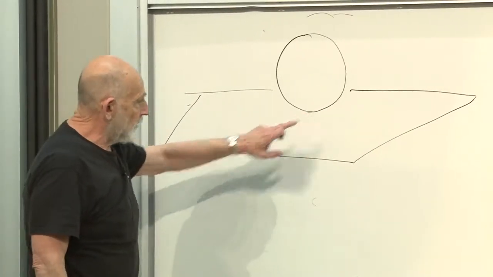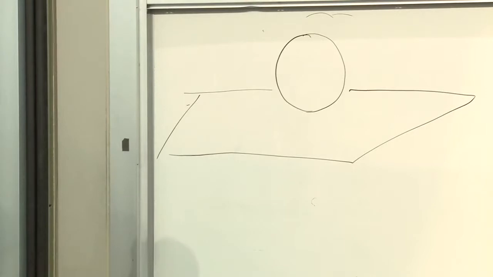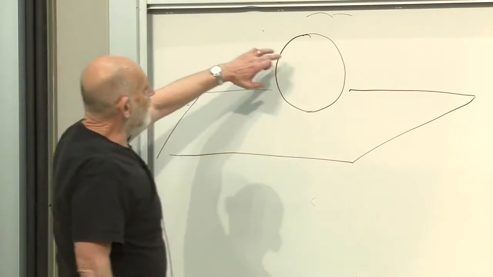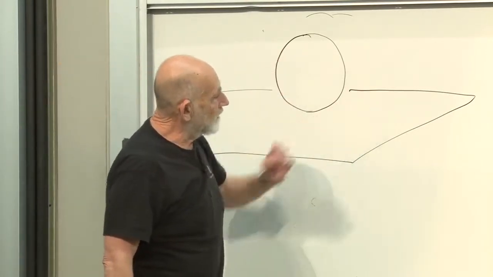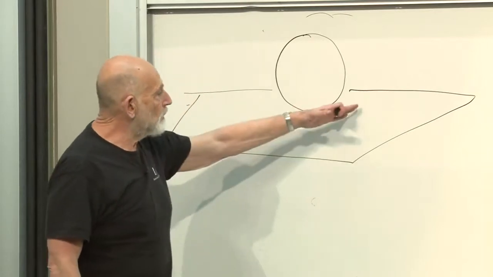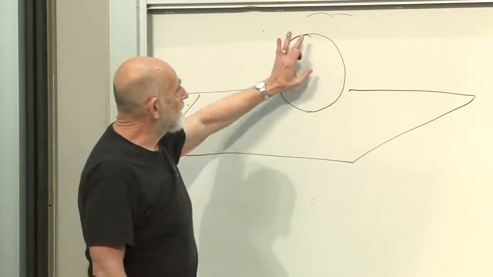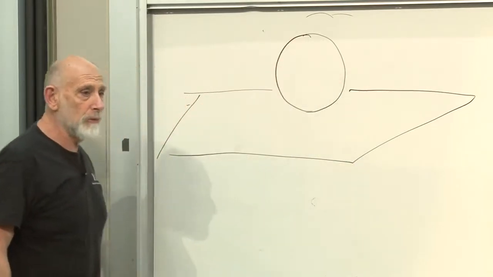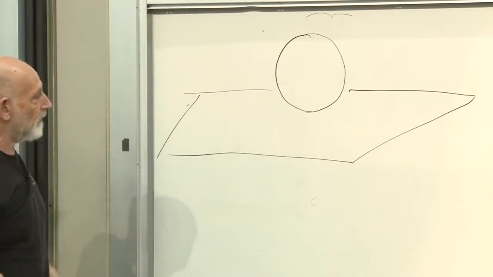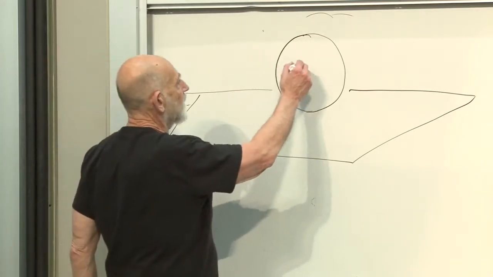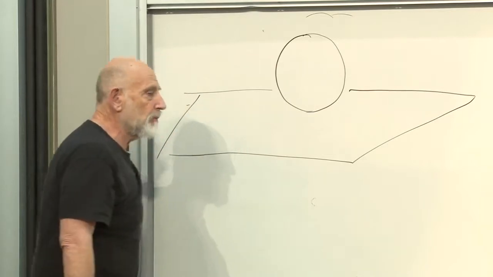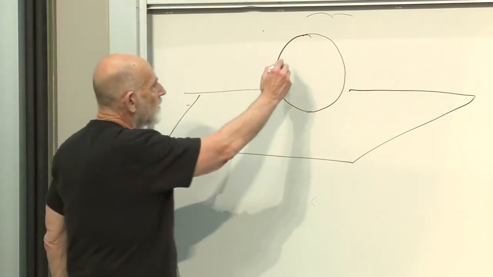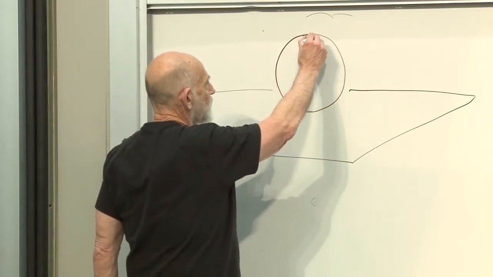This could be our point, the point where we are. Okay? Now, every point on the sphere can be labeled or mapped to a unique point on the plane. There's a little bit of trouble about the North Pole, but the North Pole is very far away. Let's not worry about it. Every point on the sphere can be identified with a point on the plane by so-called stereographic projection.